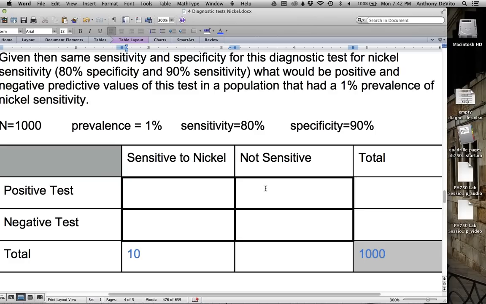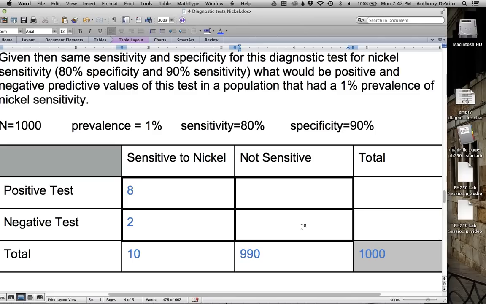If we apply this test to those 10 people, how many of them are going to test positive? 8 people, right? 80%, or 8 people. How many people are going to test negative? In other words, how many false negatives do we have? 2. Now, what does that leave? That leaves 990 people that don't have a nickel sensitivity. The specificity is 90%, still the same test.